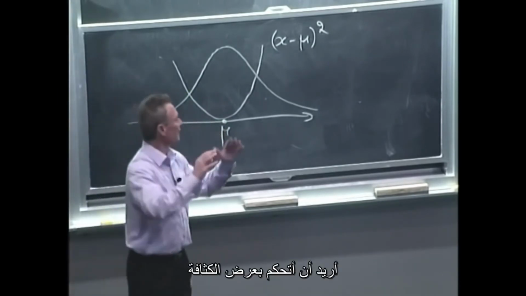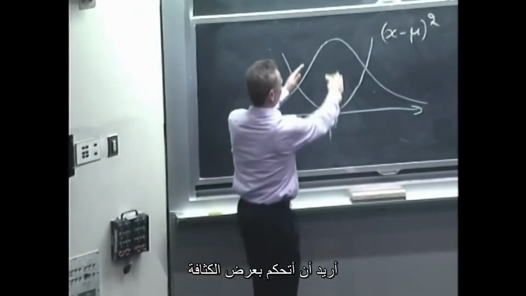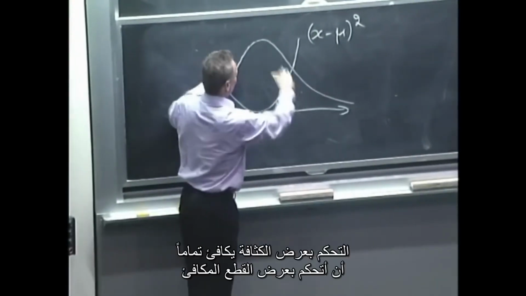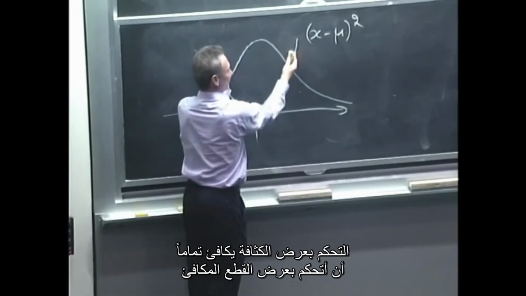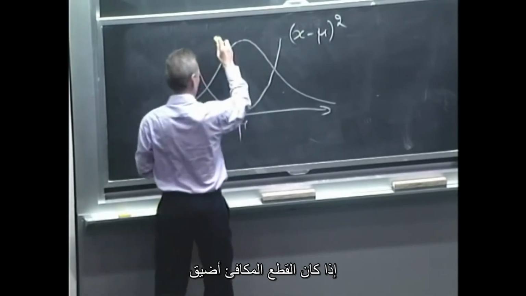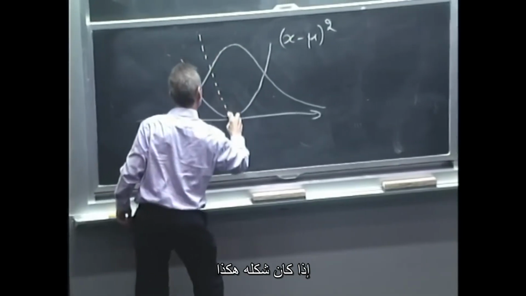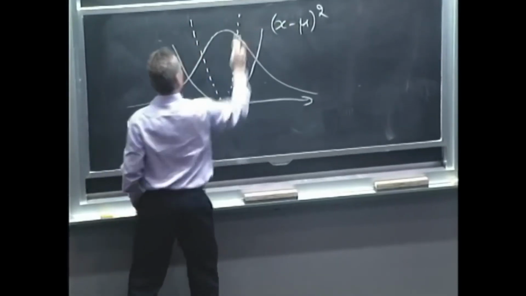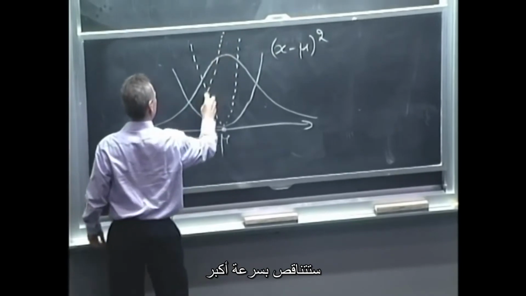Now, I may wish to control the width of my density. To control the width of my density, equivalently, I can control the width of my parabola. If my parabola is narrower, if my parabola looks like this, what's going to happen to the density? It's going to fall off much faster.